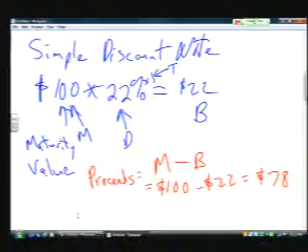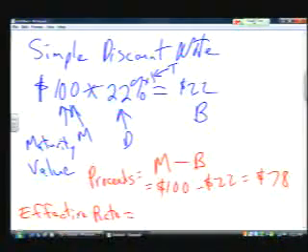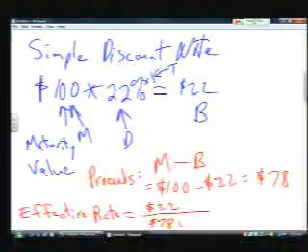Now, if you want to compute your effective interest rate for a simple discount note, you're going to take your interest, which was your $22, and divide that by what you walked out the door with, the proceeds, and multiply that times the time.